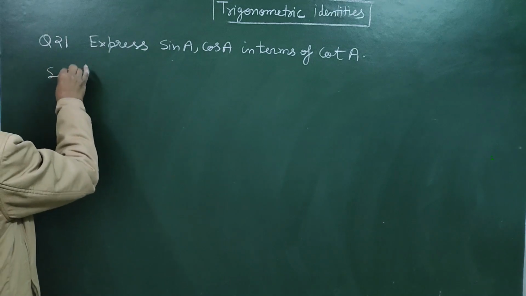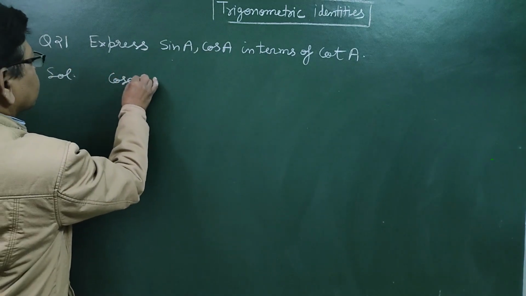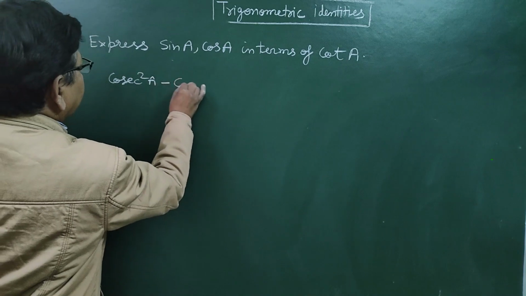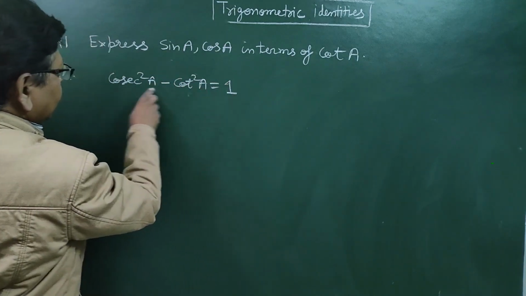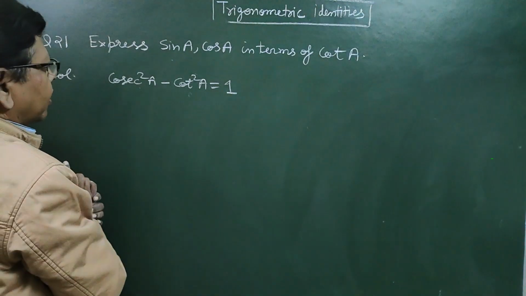So that identity can be used here to establish the relation between sin A and cot A. If we use the identity cosec square A minus cot square A is equal to 1, because cot A is already there, cosec can be converted into sin later on.